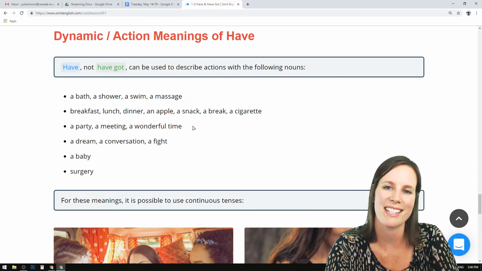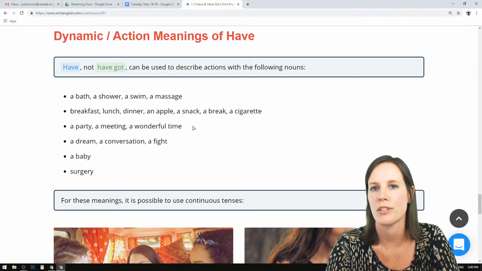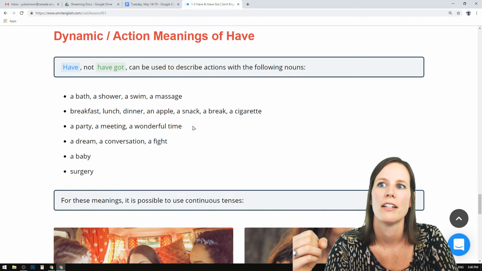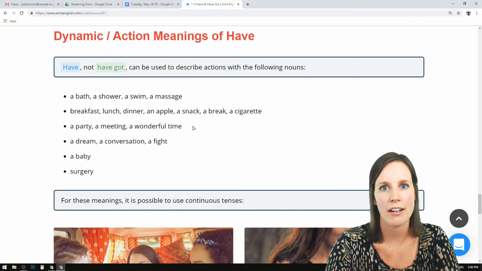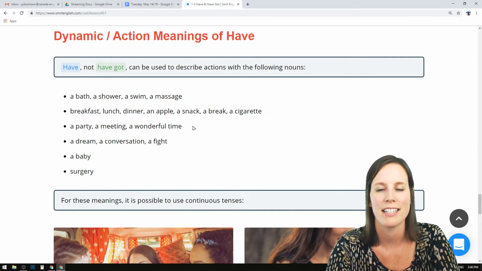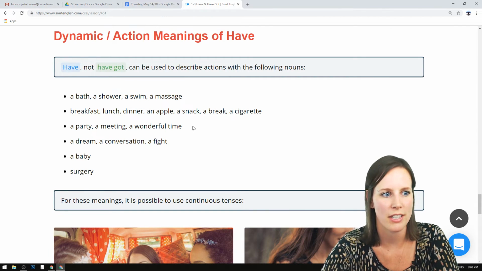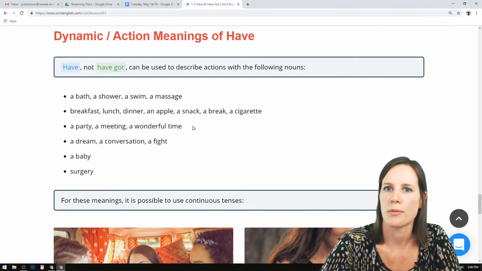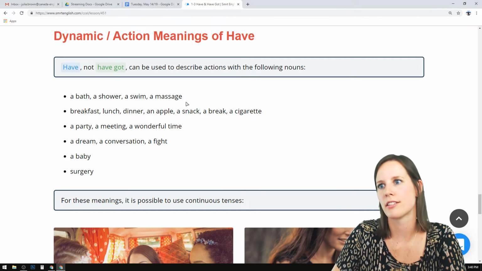Okay? In those stative meanings, in the present tense, you can use have, you can use have got. Okay? But if we're talking about the dynamic meaning of have, it's a totally different meaning, and we do not use have got in those meanings. Okay? So we'll take a look at the slide.